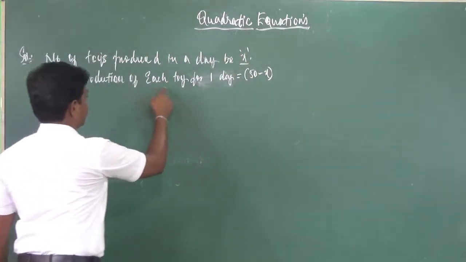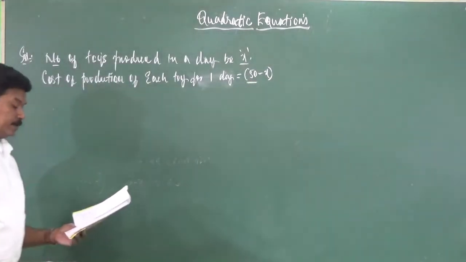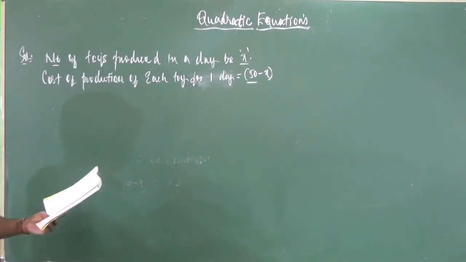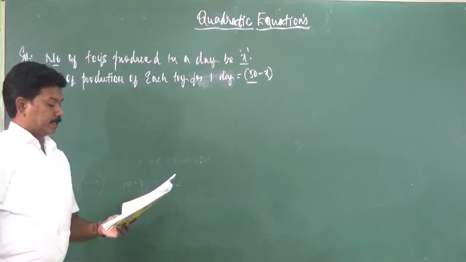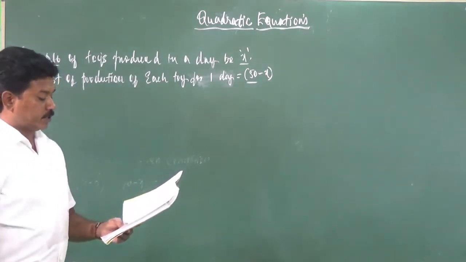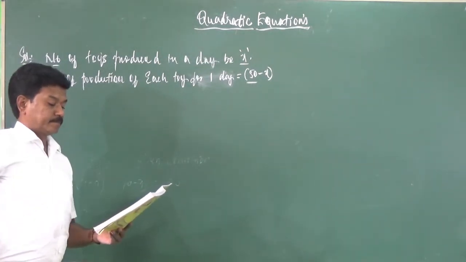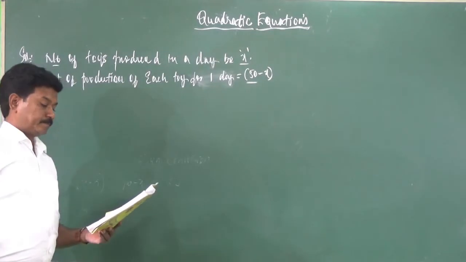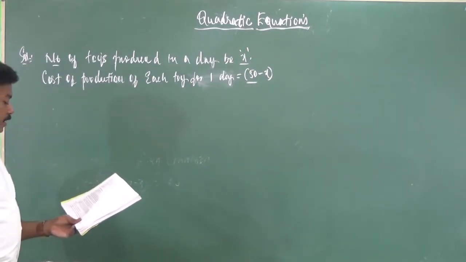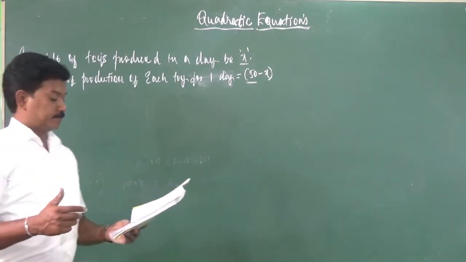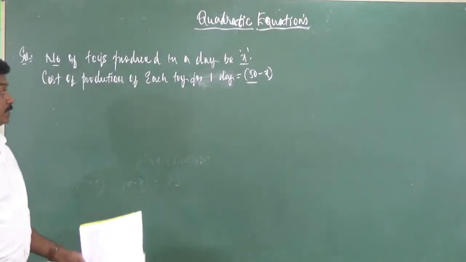Cost of production of each toy for one day is 55 minus x, that is given. So now the condition is, on a particular day the total cost of production was rupees 750.